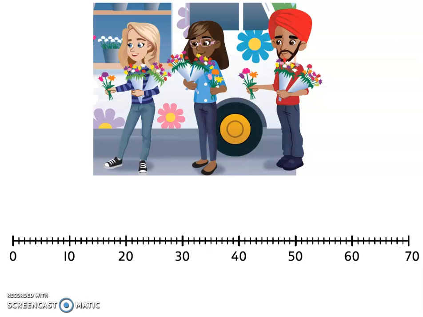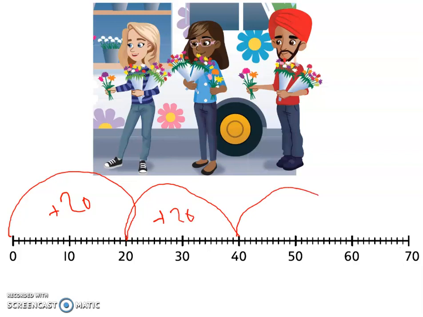So I've got my number line. I'm going to add on my 10s first. So nice and simply, plus 20. I'm then going to move on to my next character, plus 20 again, and then my final character, plus 20 again. So straight away I've multiplied this and I've added my 10s together to give 20, 40, 60. And now I'm going to add my 1s, those remaining 1s here.